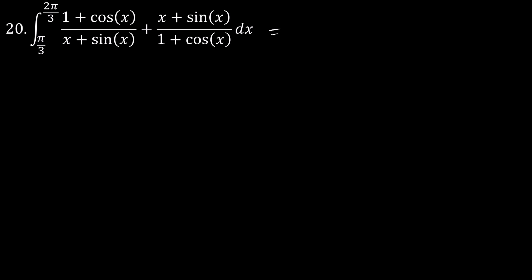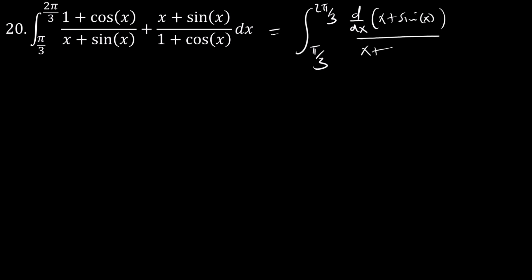So we have, this is the same as the integral from x equals pi over 3 to x equals 2 pi over 3 of the first part. There is a derivative of x plus sine of x over x plus sine of x.